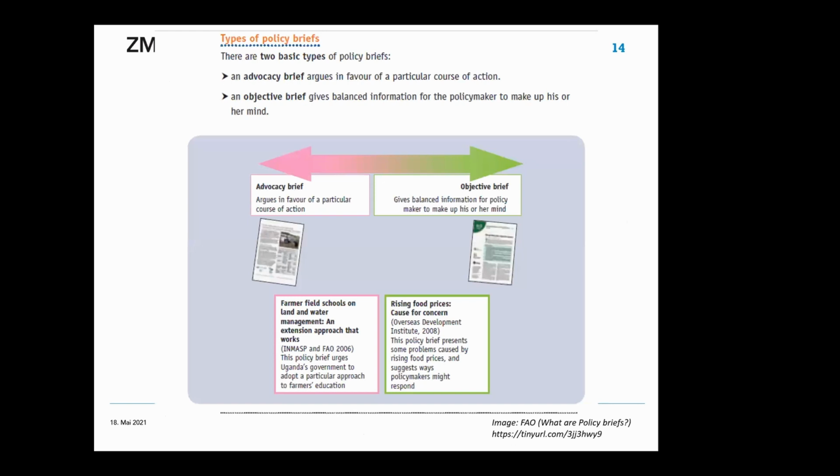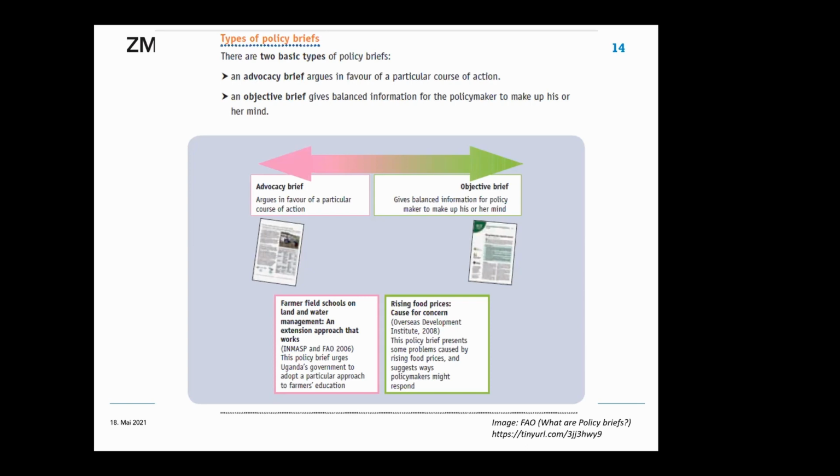There's some interesting guiding literature online on writing policy briefs. One of which I like is from the FAO. What are policy briefs? So here is a picture where they differentiate between two basic types of policy briefs. One is the advocacy brief that argues in favor of a particular course of action.